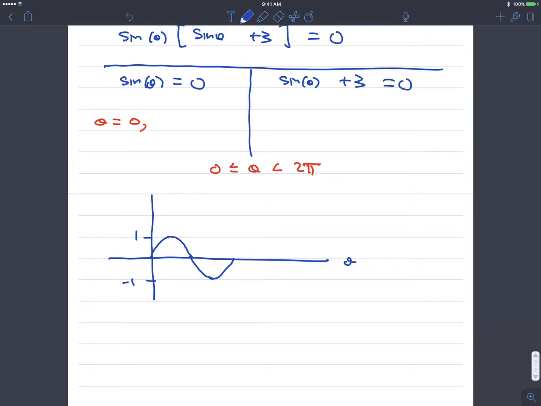Here's my sine curve. Technically, so my colleagues don't yell at me, I'll put arrows because these are lines. Sine is 0 here and here, over the interval. If you guys remember, what's this? Pi. What's this? 2 pi. This will be pi over 2, and this will be 3 pi over 2. I don't have to label them, but they're there.